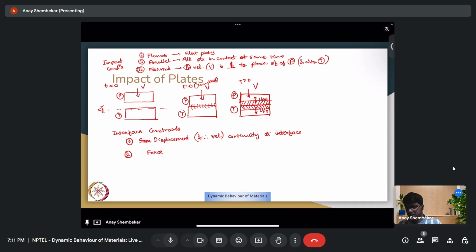Force, therefore pressure matching at the interface. If displacement continuity is not satisfied, we'll end up with either voids or high density regions.